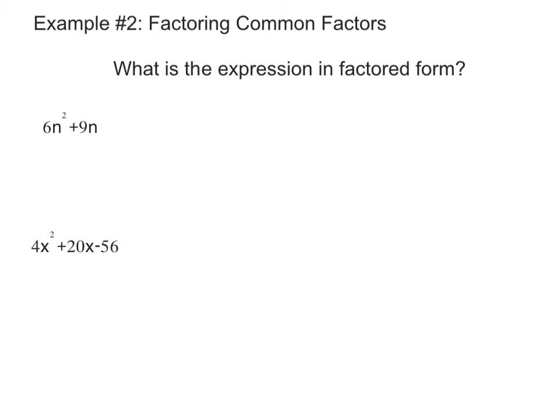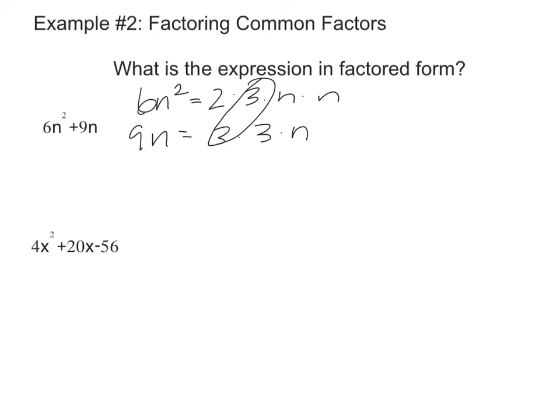So for example, 6n squared, if I broke that down into its basic factors, I would have 2, 3, and 2 n's. Okay? If I broke down 9n, I would have 3, 3, and n. So the greatest common factor is the greatest amount of factors that they share in common.